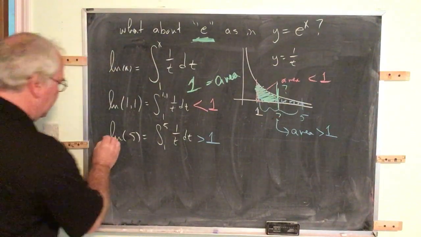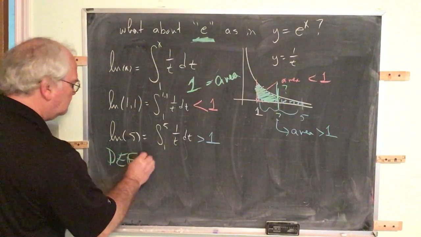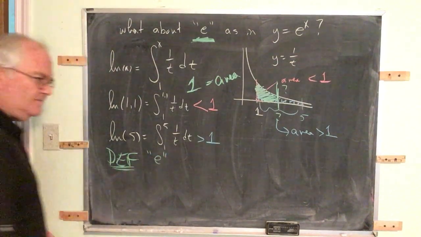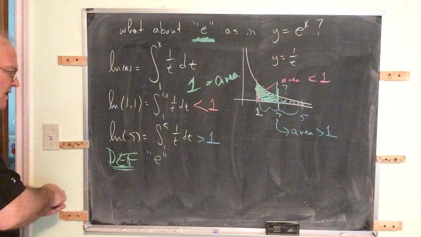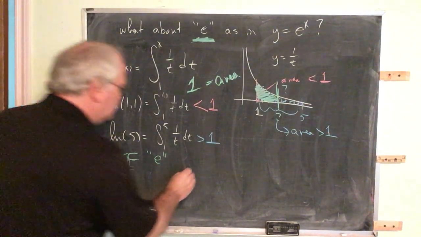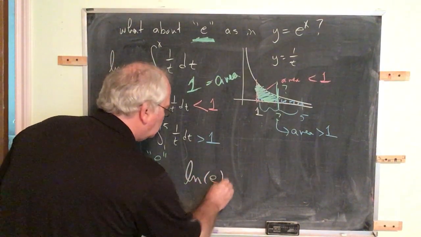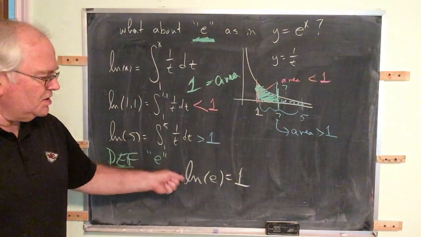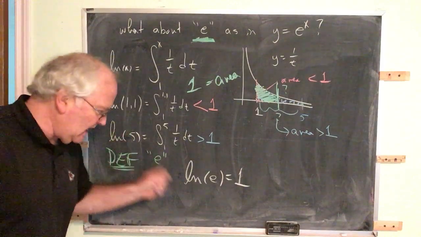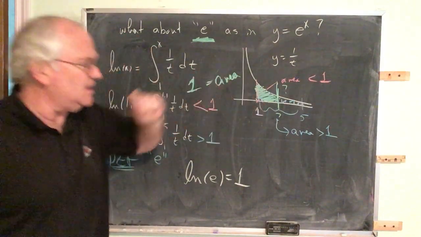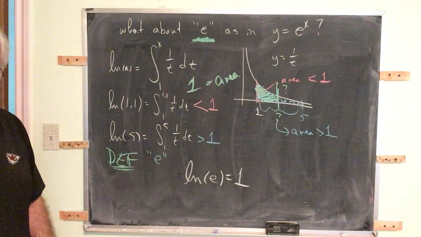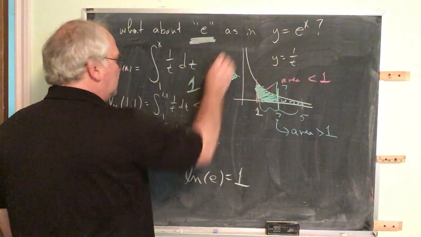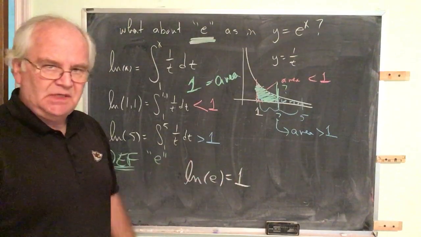This is the definition of the number e. The definition of the number e is this. E is the value whose natural log is equal to 1. That's the definition, and its existence is guaranteed by the intermediate value theorem. So the definition of e is natural log of e is equal to 1.